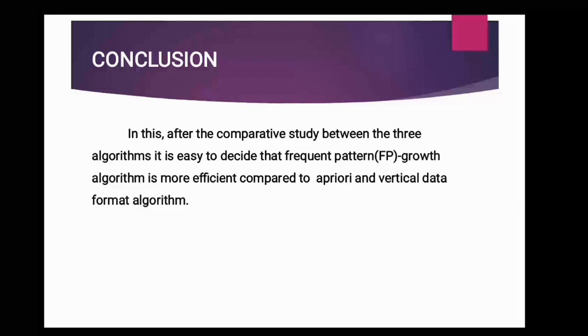And the FP growth algorithm is tree based, so it will take less time. And the vertical data format algorithm does not calculate the transaction IDs, it calculates the item sets, which takes less time.